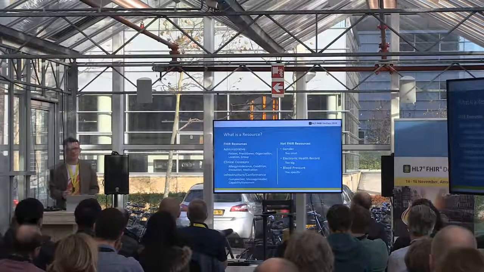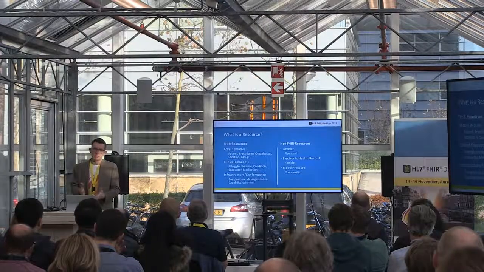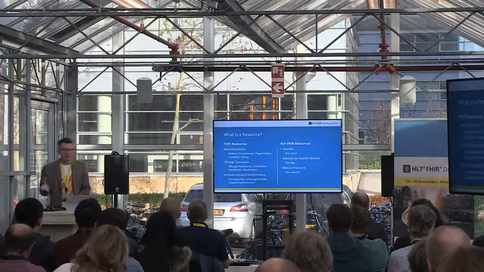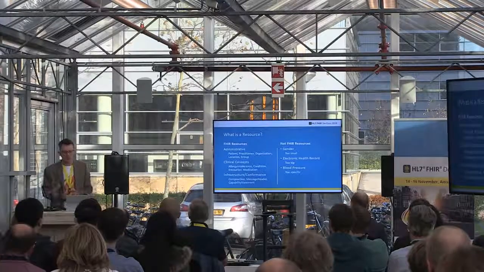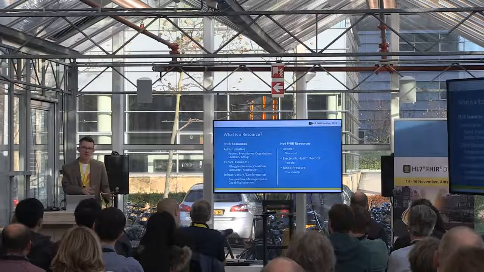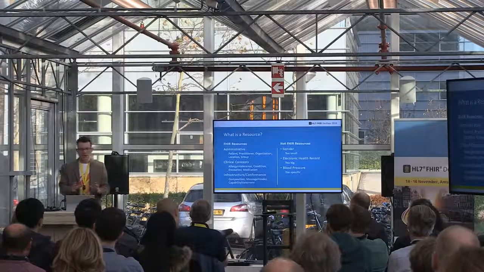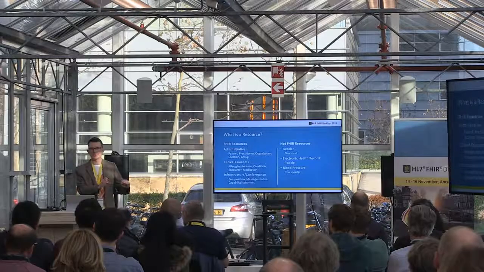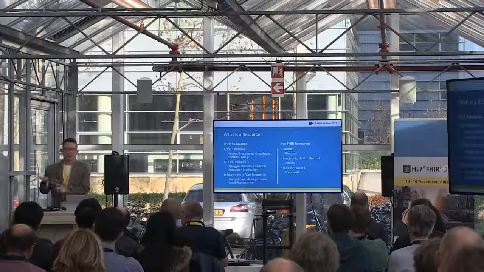Blood pressure is interesting because FHIR does not have a blood pressure resource, and it does not have a BMI resource or a broken leg resource or any of these things, because FHIR, like other standards before, has this idea of the objects of data on one side and the codes and the terminology on the other.